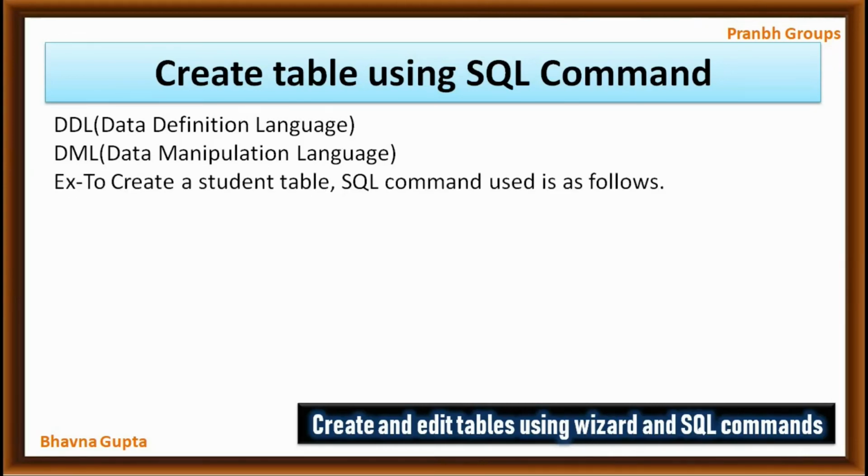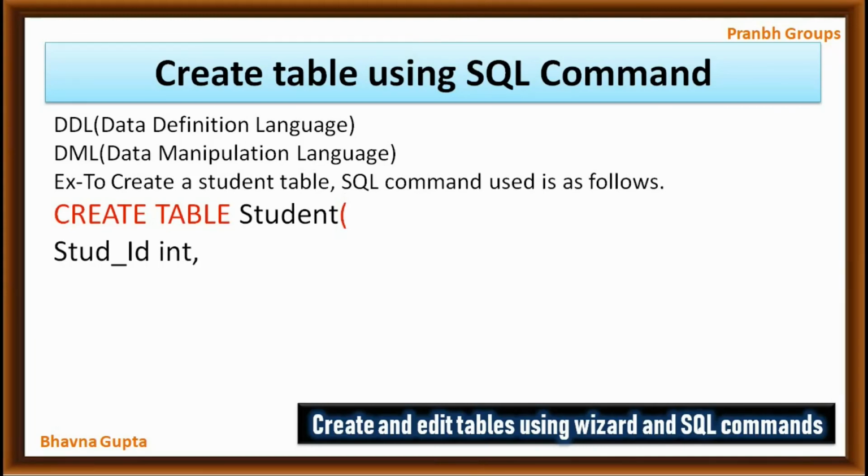Example, to create a student table, the SQL command used is as follows. Command is create table and students is a table name, then bracket open. First field name is student ID and data type is integer. And second field name is student name, data type is varchar, length is 20.